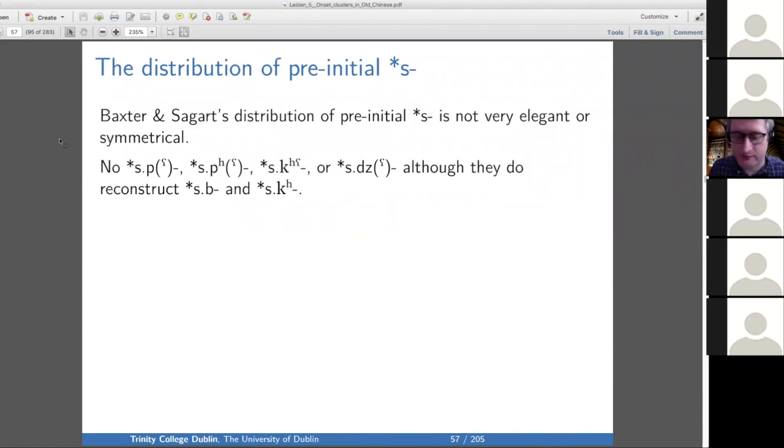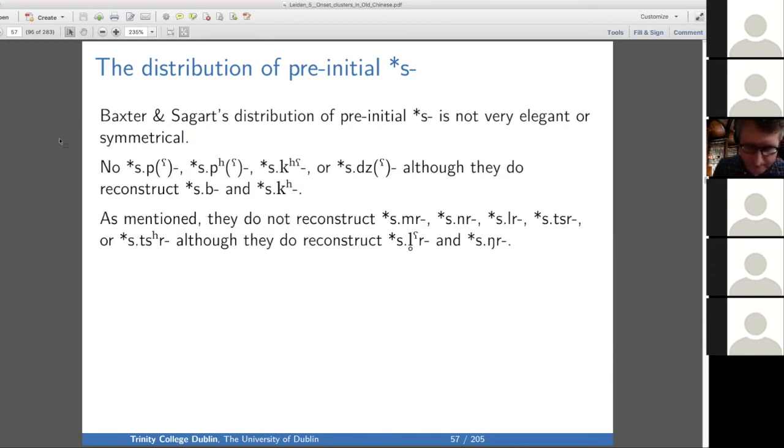Now, I think what Baxter and Sagart would say is, well, these clusters probably existed and we just haven't figured out what evidence to look for to reconstruct them, or they were lost without a trace. Things can be lost without a trace. But I think both of those stories, were they lost without a trace or what evidence should we be looking for to reconstruct them, would be natural consequences of an ordered list of sound changes as part of our theory of Old Chinese reconstruction.